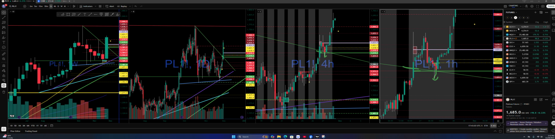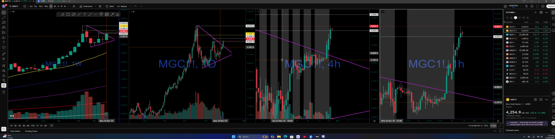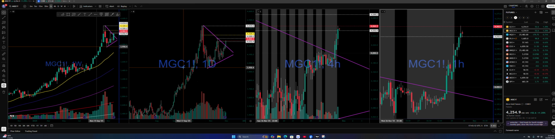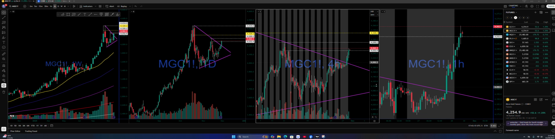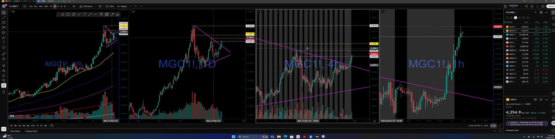Anyway, for this new week, I'm going to have to go about trading a different way because we no longer have these resistance trend lines to watch.